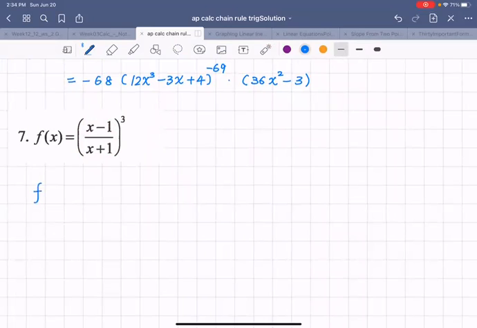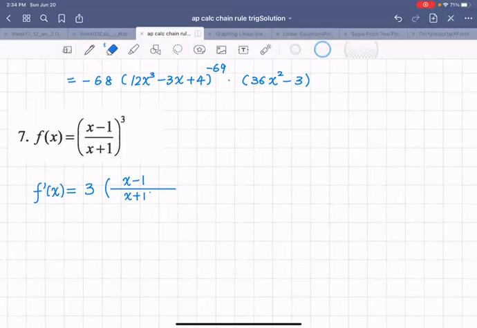So f prime x equals 3 times x minus 1 over x plus 1 squared, maybe, times.